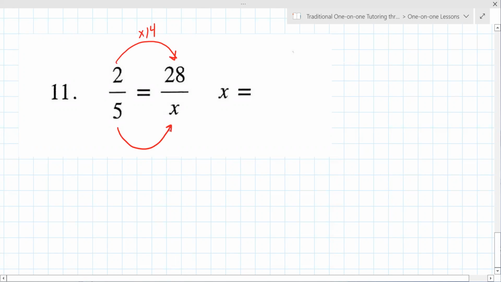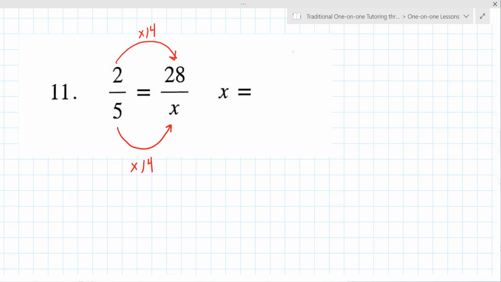So now you take the 5 and you multiply it by 14. 5 times 14 is 70. Okay. X is 70, I agree. All right.